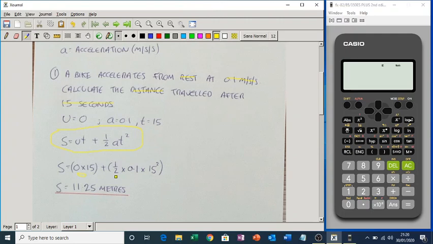So we're just looking for this, half times 0.1 times 15 squared. That'll give us how far it's gone in that time. 11.25 meters. Nice and easy.